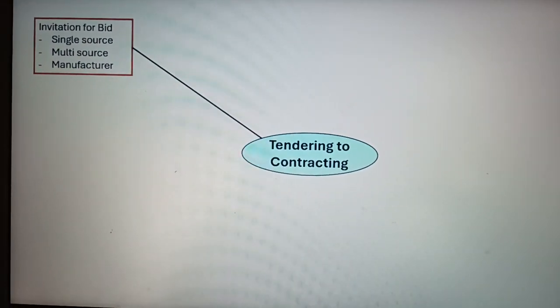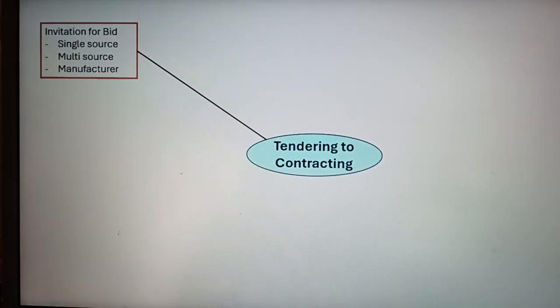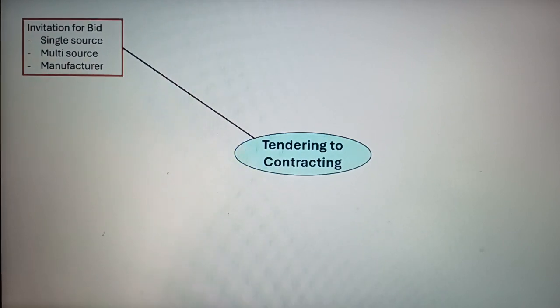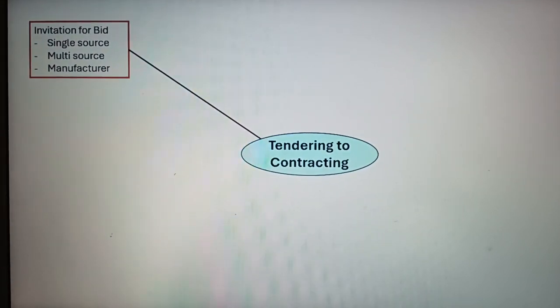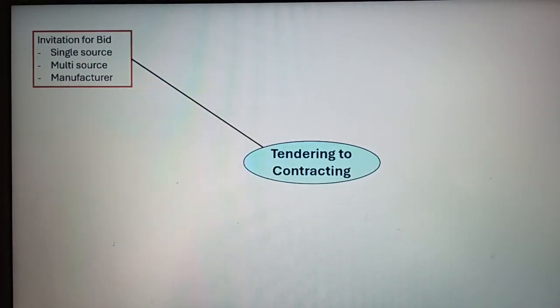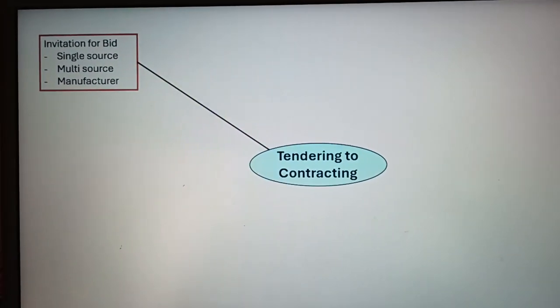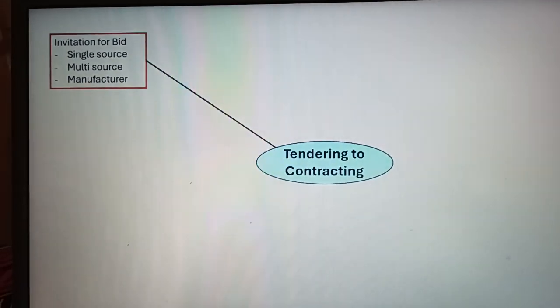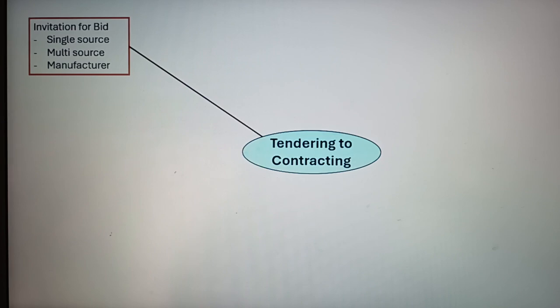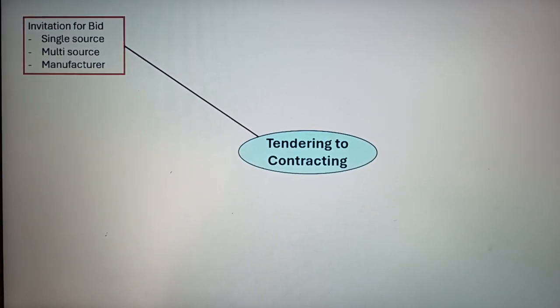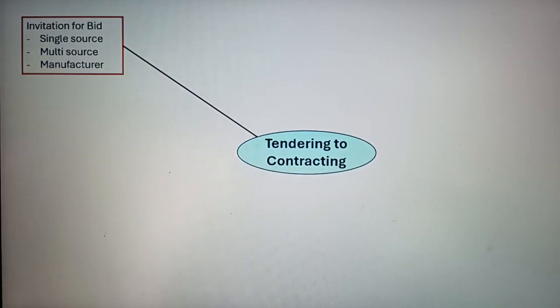Invitation to bid means that we send an inquiry to the vendors to participate in this bid. So it is a tender to float to the vendor to provide this item if you supply this.